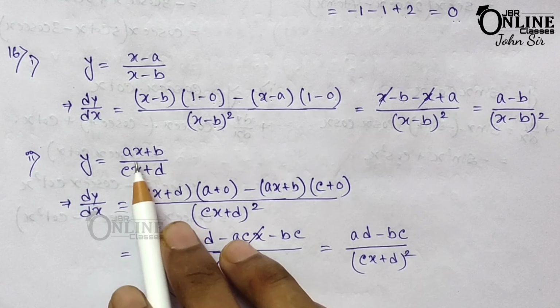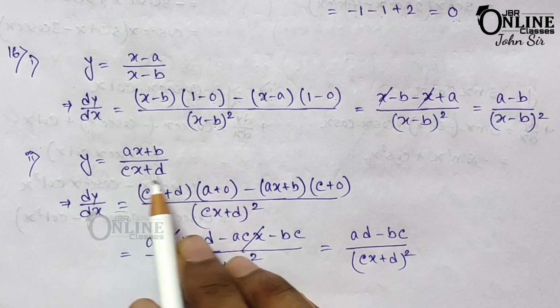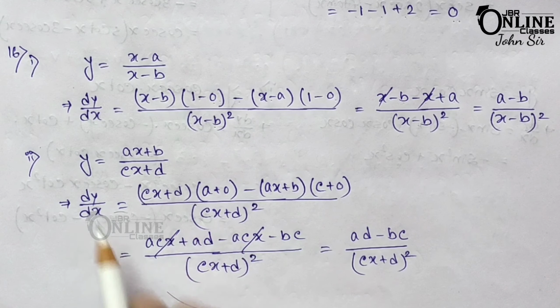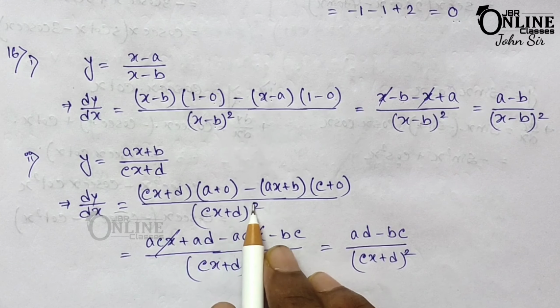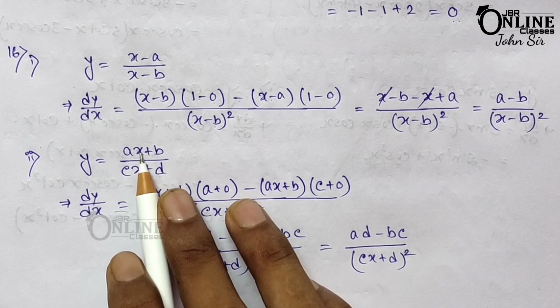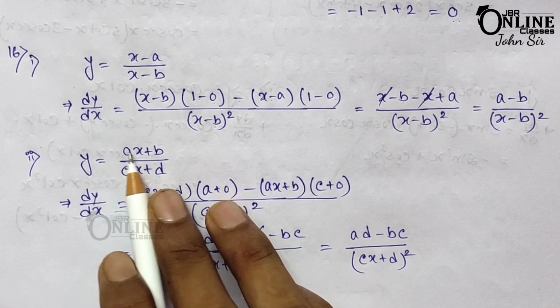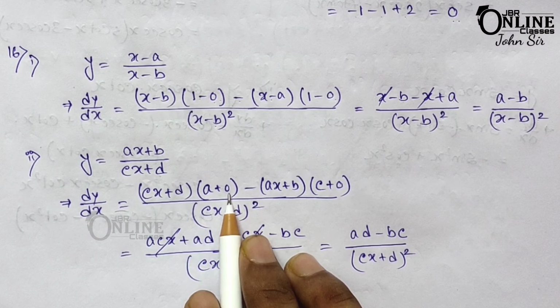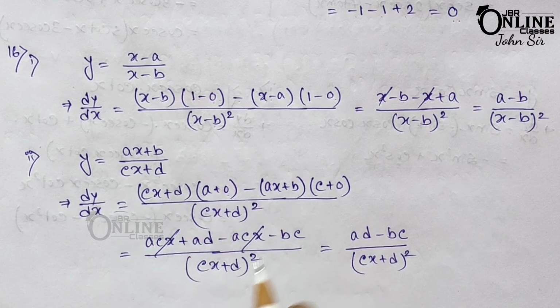16.2. Here the given function is ax plus b by cx plus d. That means here you have to again apply u by v rule. So dy dx equal to here cx plus d whole square. Then write down cx plus d, that means the lower one, and the derivative of the upper one. So here the derivative of ax equal to a, and the derivative of b equal to 0, as a, b are constant.